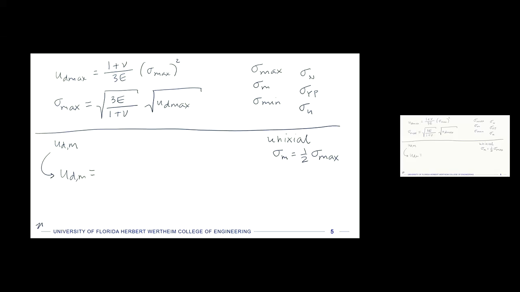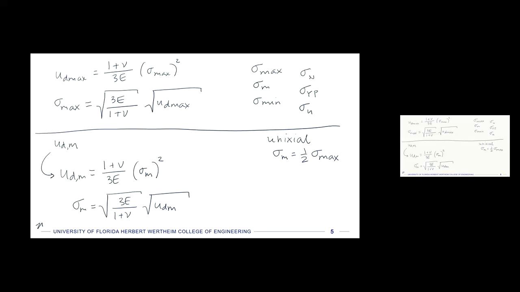If we go through the exact same procedure and cross out the exact same terms, then we'll solve for the mean stress as a function of the mean distortion energy. Okay.